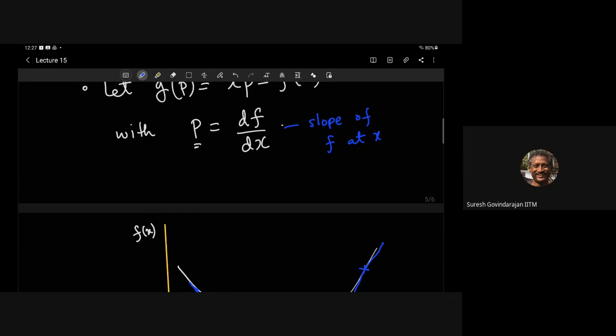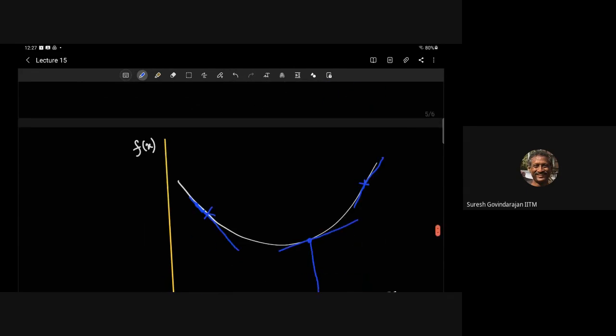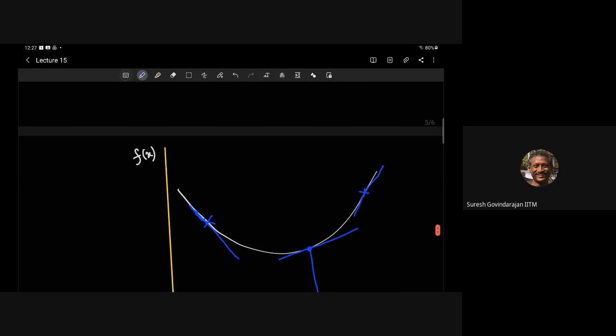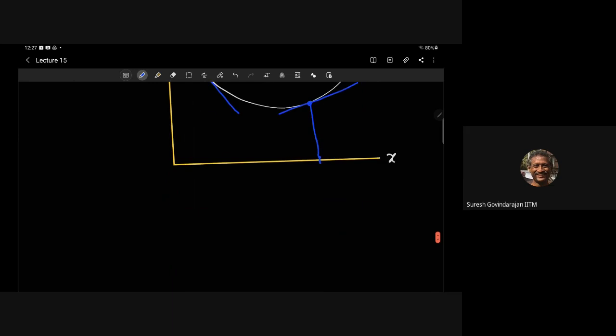And if you know how the slope changes, up to some additive constant, in the sense that I can always move this curve up and down and the slope will not change if I add a constant to f of x, so let's ignore that constant ambiguity. Then if I told you how the slope changed at every point, I should be able to reconstruct f. That's roughly what one has in mind.